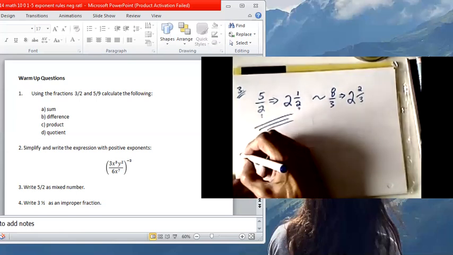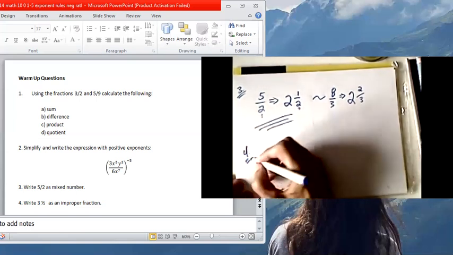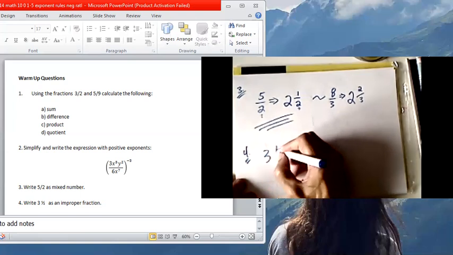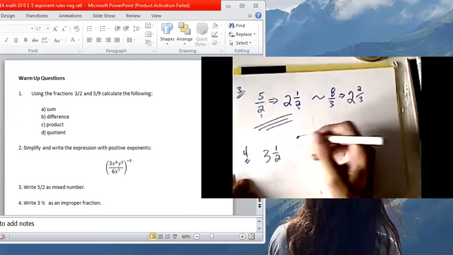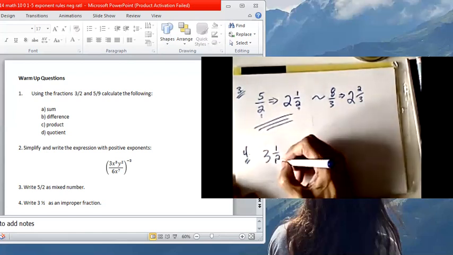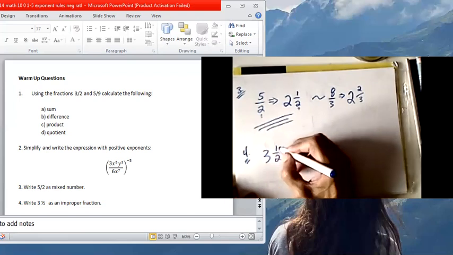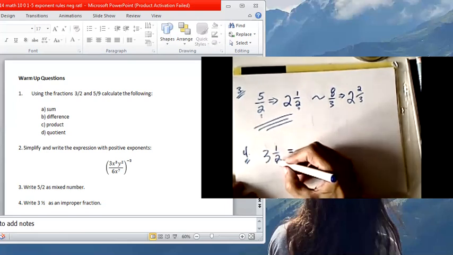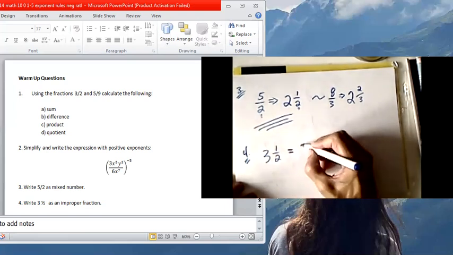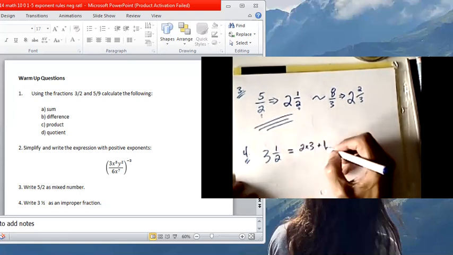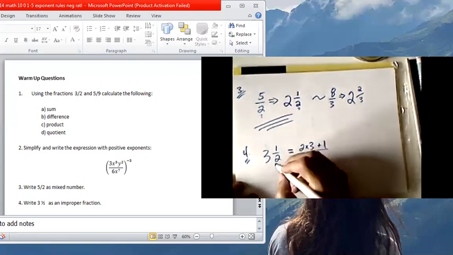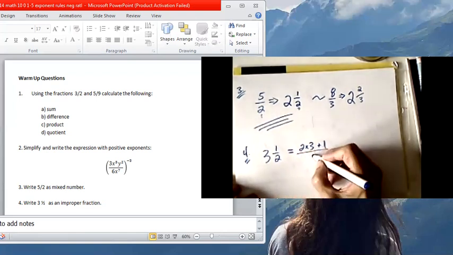For number 4, you're given a mixed number. To get the improper fraction, this one's a little more orderly. You take the bottom times the big one, and then you add the top together. So you go 2 times 3, and then plus 1. And this is all going to be over the fraction part, the bottom part, the denominator, all over 2.